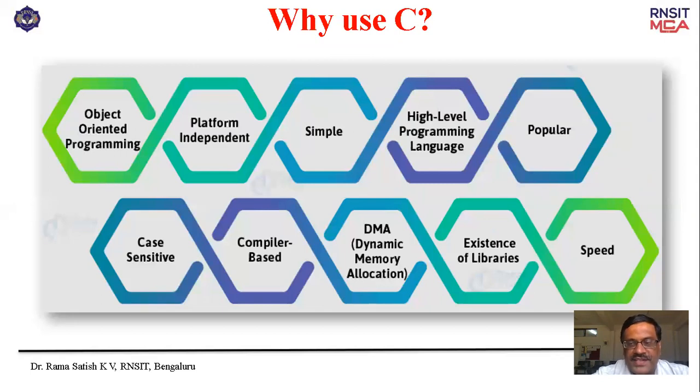Many people will ask, what is so special about C? Why C? There are plenty of programming languages. Why do I have to learn C? So the answer is here in the single diagram. Many students were asking about C++. C++ is an object-oriented programming language, and C is platform independent, so completely independent of platform.